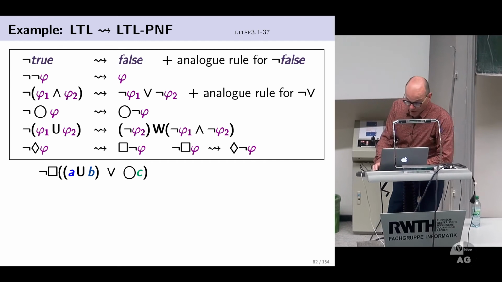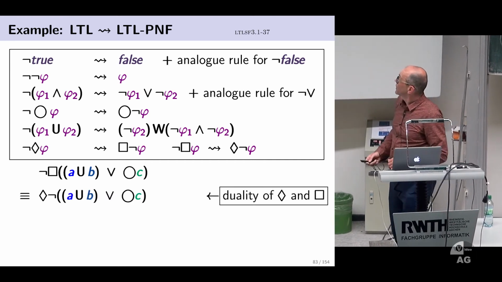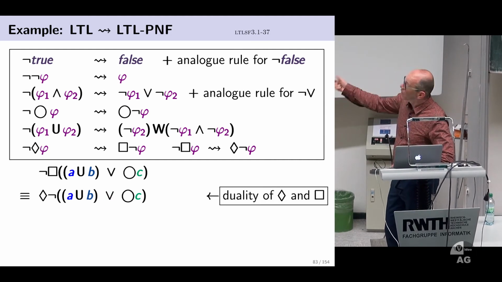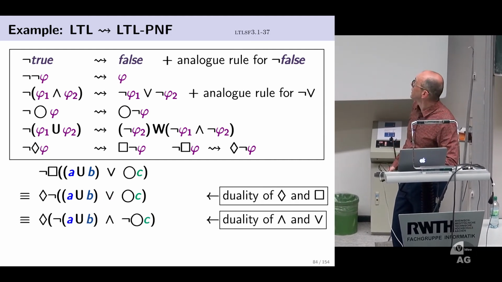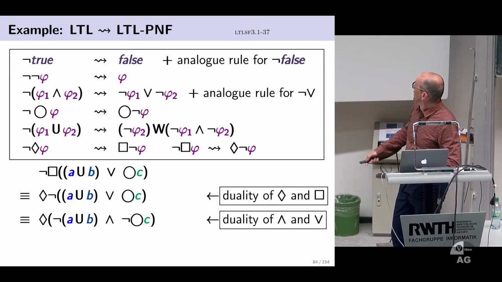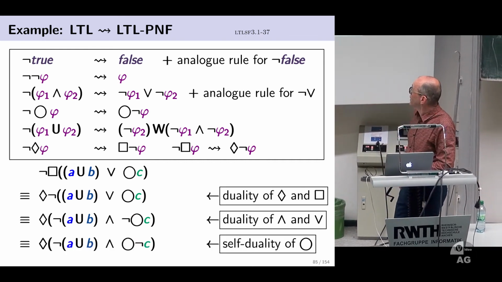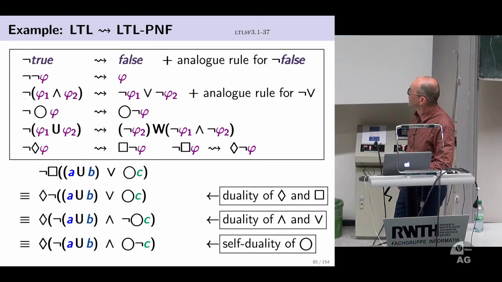So here we push the negation one level inside, okay? And now we have something of the form of a disjunction. Now that's just De Morgan, so you can push this inside. So this becomes a conjunction, this becomes negated, that becomes negated. Now we can push this negation inside because the next operator has this law that this is equivalent to next not A or next not C in this example.